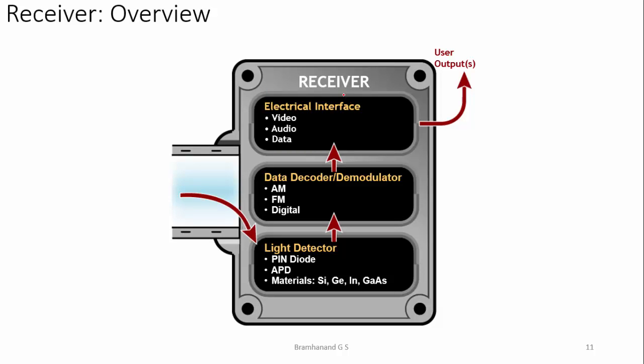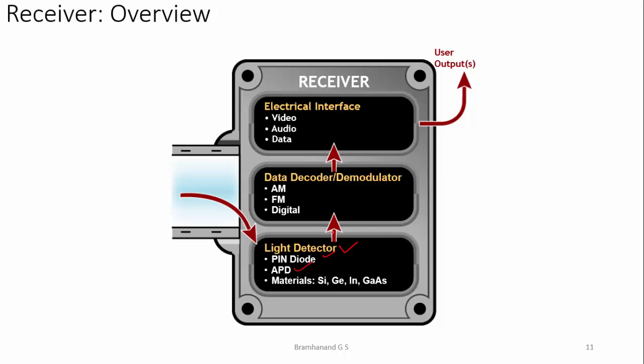The receiver will do exactly the opposite of what the transmitter does. Firstly, the light is received by light detectors. The light detectors could be PIN diodes or avalanche photodiodes, which are made of silicon, germanium, and other elements.